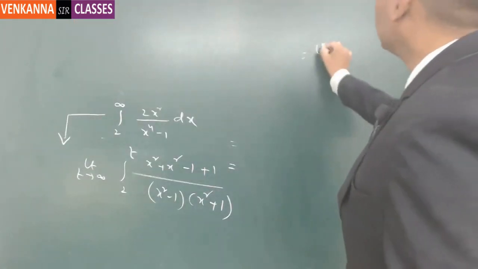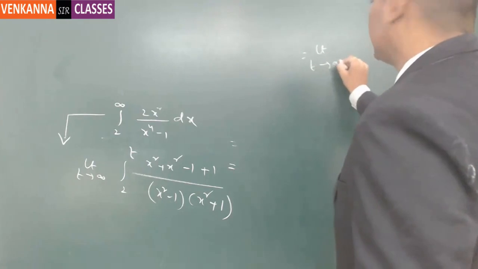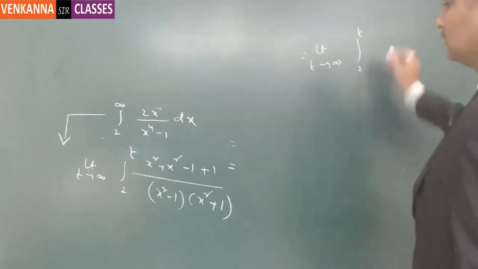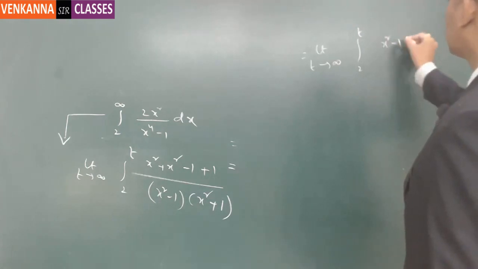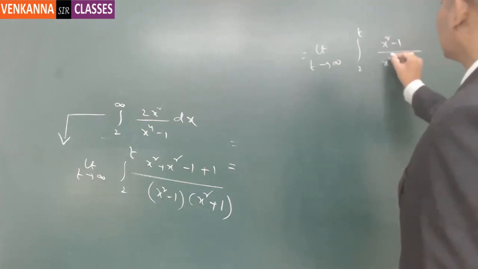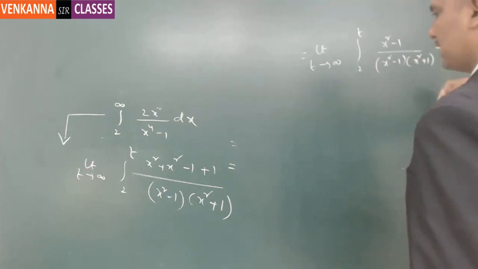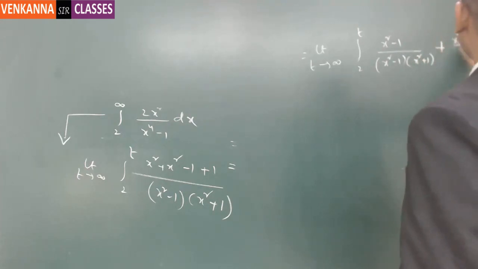This equals limit t tends to infinity, integral 2 to t, x square minus 1 by x square minus 1 into x square plus 1, plus x square plus 1 by x square minus 1 into x square plus 1, of dx.